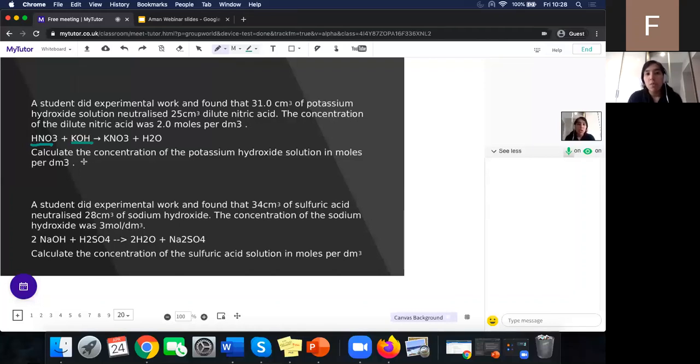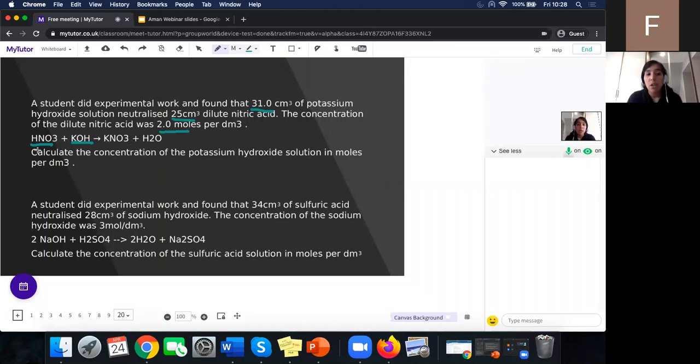So just like when we were calculating the masses using the equations and moles, it's exactly the same here, but we're using concentration and moles instead. So we start off with all the information that we have. We know that we have a volume of potassium hydroxide, and we have a volume of nitric acid, and we have a concentration of nitric acid. So the concentration of nitric acid is 2 and a volume of 25.